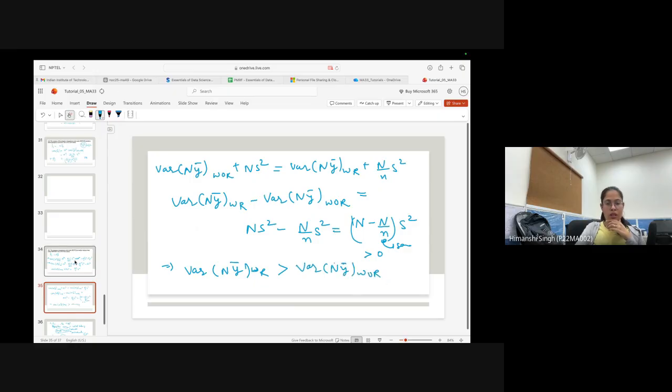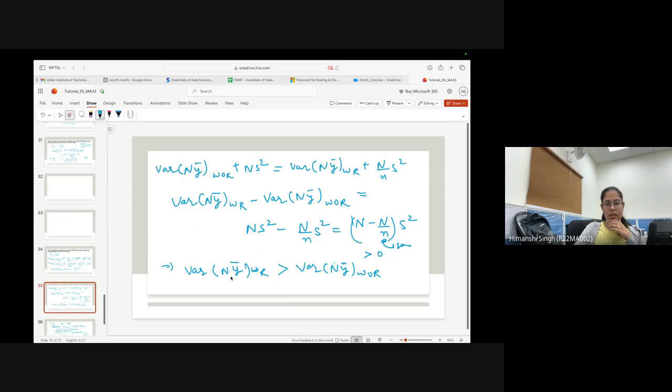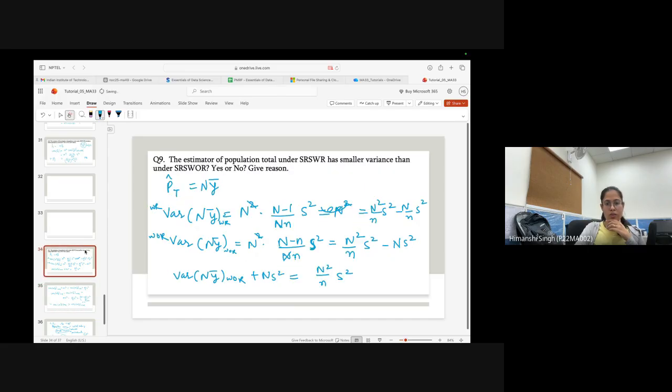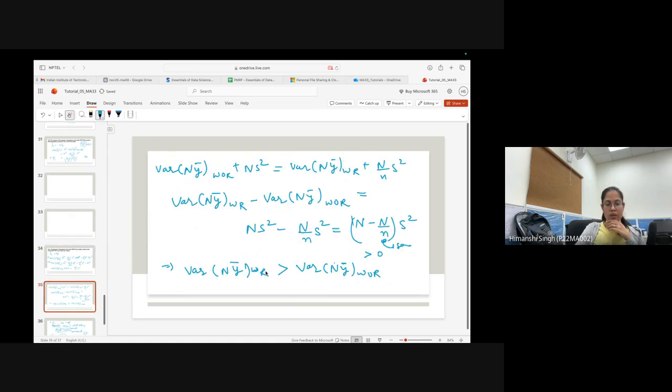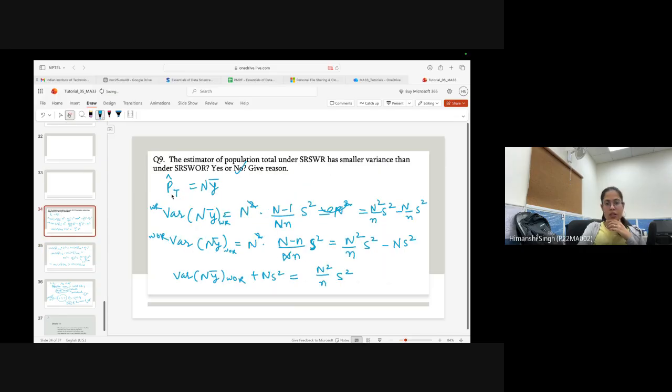So basically what the question says is that the variance under SRSWR is smaller, but under SRSWR it is greater. So the answer to this is no, and we have given the reason why it is no. What we have done is calculated both the expressions.